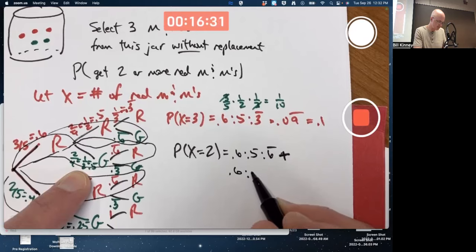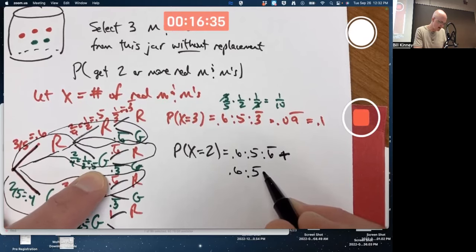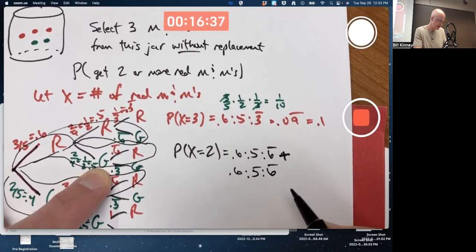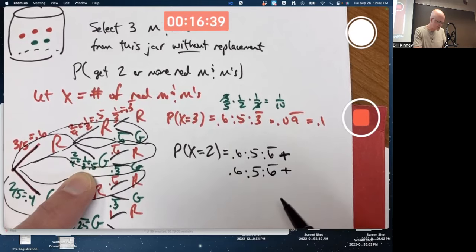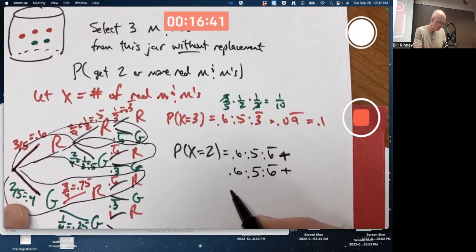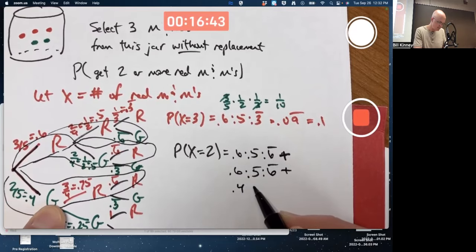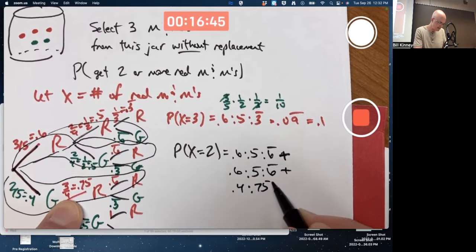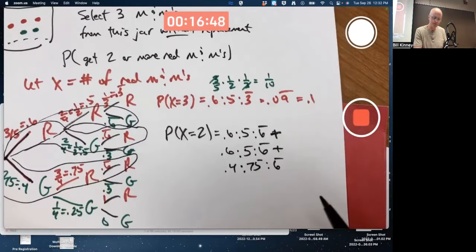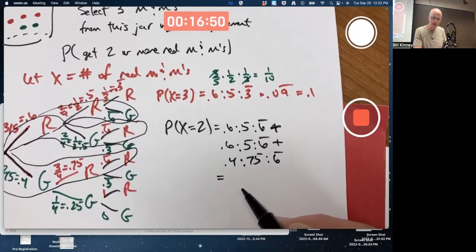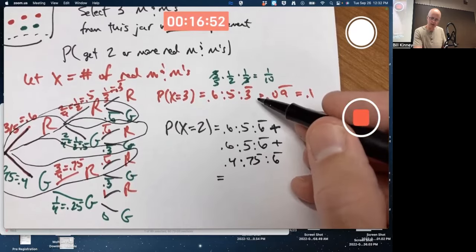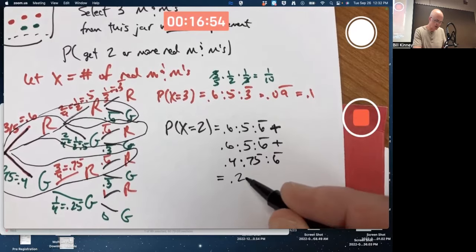Plus another copy of that, actually. 0.6 times, make sure I don't make a mistake. That's still a 0.5 there, times another 0.6 repeating. Hopefully I'm not making a mistake. Then a plus 0.4 times 0.75 times 0.6 repeating. Again, those first two are double this one, so those should be 0.2s.